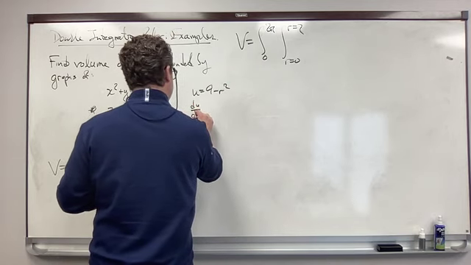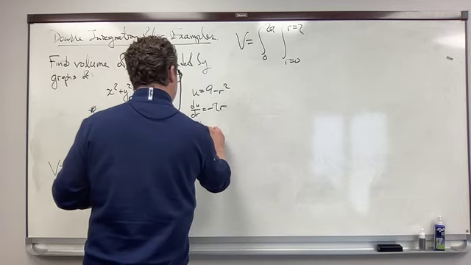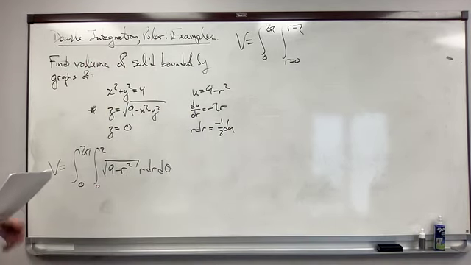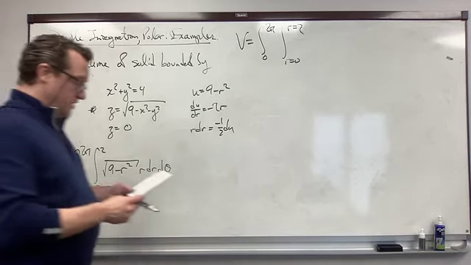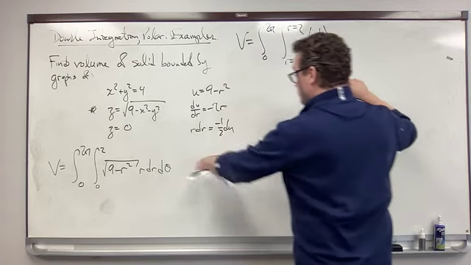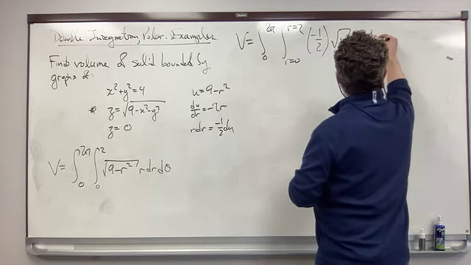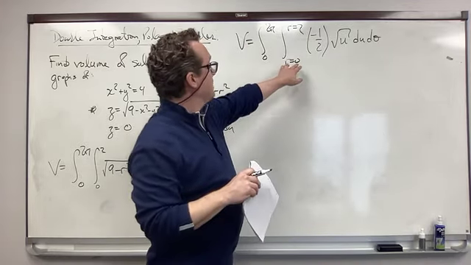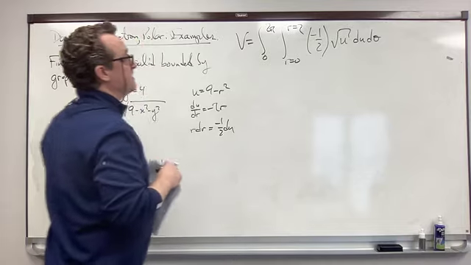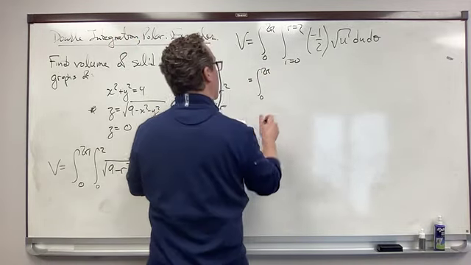So du by dr is minus 2r, which makes r dr equal minus 1/2 du. That's a pretty classic substitution. So this whole thing will look like minus 1 over 2 du, square root u du d theta. And when you leave everything in the integral here, that's why I leave r equals 0, r equals 2, because I've converted the inner one to an integral of u. And I'll convert it back once we've got it.